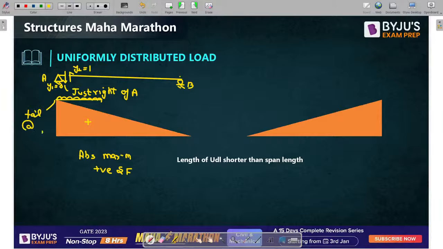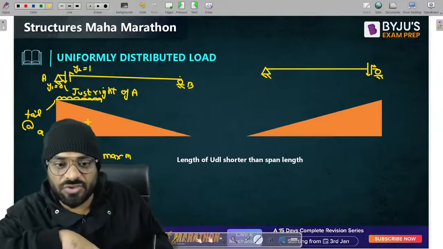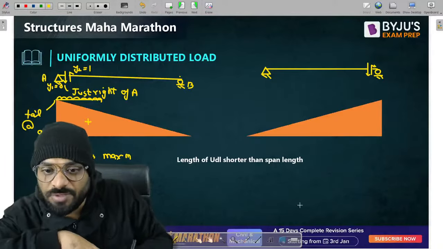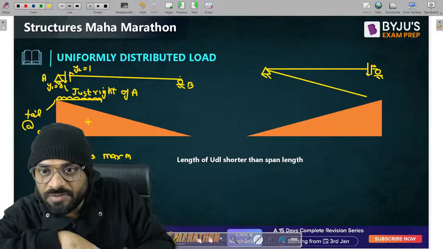Tail at A. Clear? Similarly guys, absolute maximum negative shear force will occur just left of B. So this should be our deflected shape of the structure.